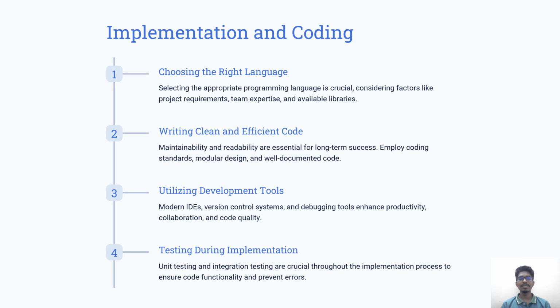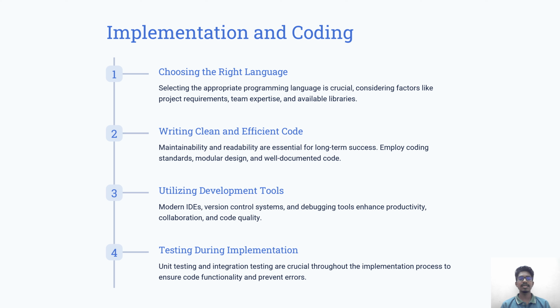Coming to the implementation and coding, choosing the right language. Selecting the appropriate programming language is very crucial, considering factors like project requirements, team expertise, and available libraries. Writing clean and efficient code. The maintainability and readability are essential for long-term success.